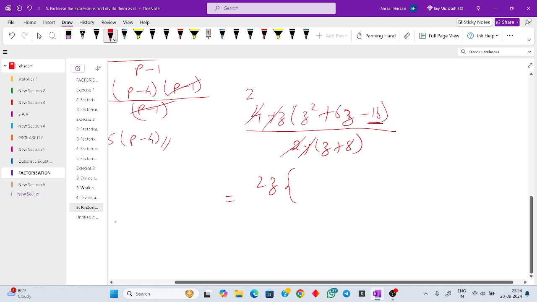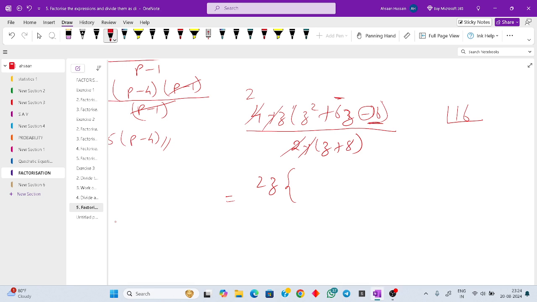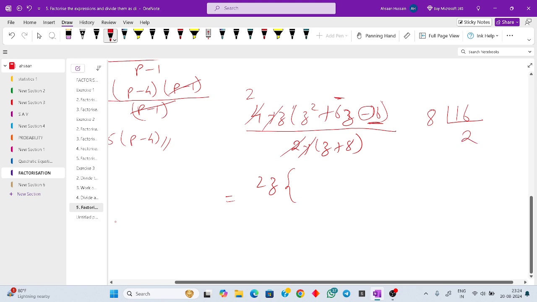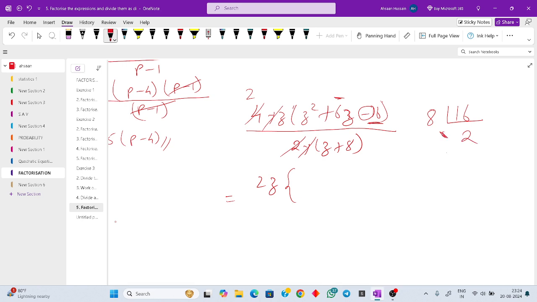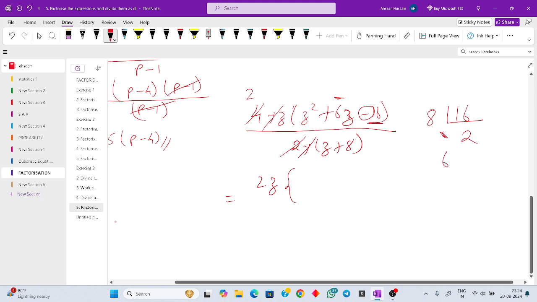So 16. We have to make 6 out of this 16 by subtracting the factors. So how will you get it? 8 and 2. 8 minus 2 is 6. Job done. z square plus 8z minus 2z minus 16, divided by z plus 8.